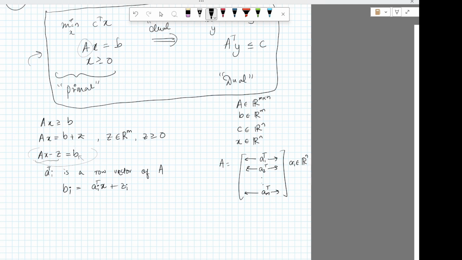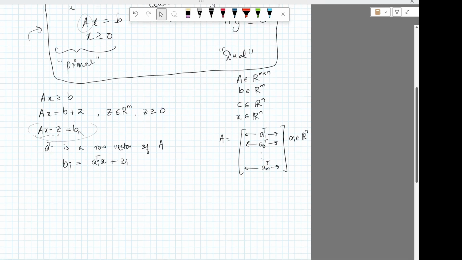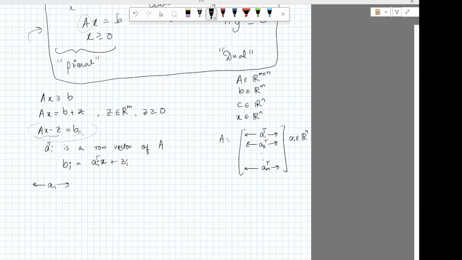So how do I write it in matrix notation? I have some a1, a2, like that till am, and I'll have here minus 1, 0, 0, 0, 0, and here minus 1, 0.